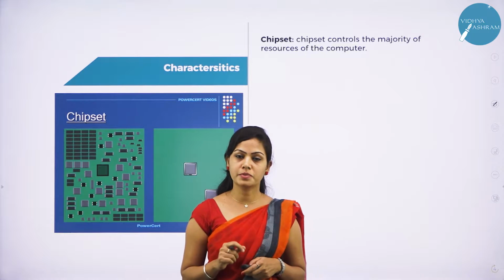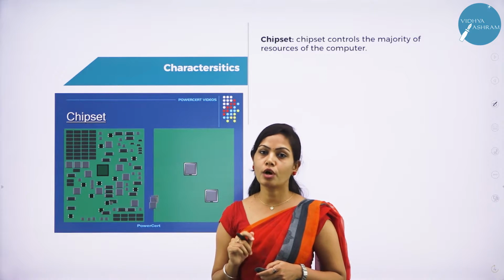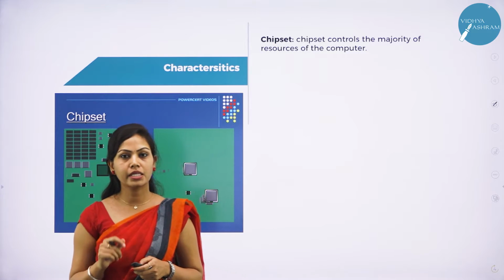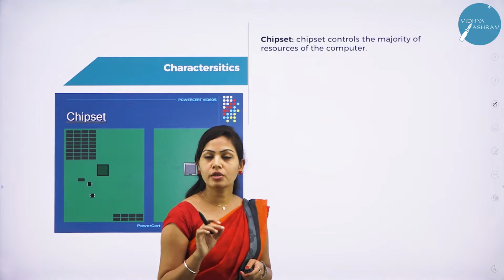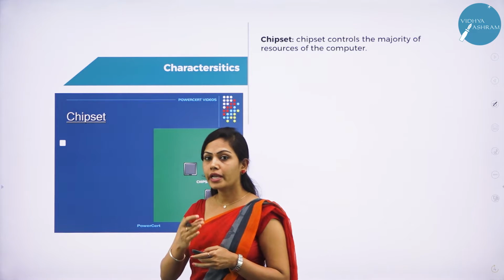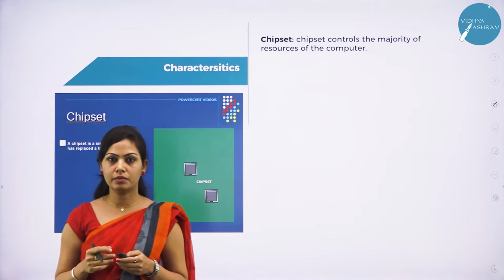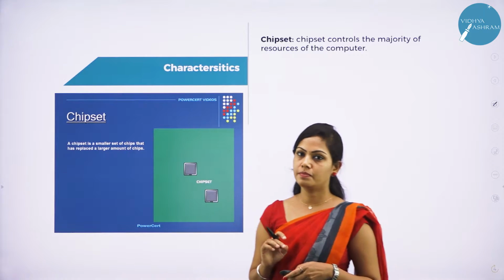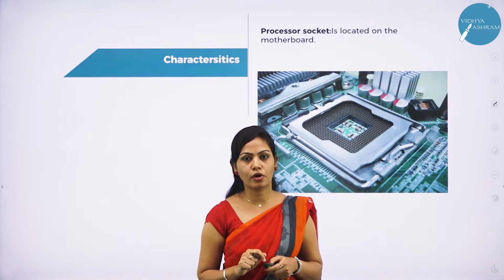Next we have chipset. Chipset is a collection of microchips such as CPU, RAM, basic input-output system. The function of chipset is to coordinate data transfer between various components of the computer. So, chipset is a collection of microchips. Next we have processor socket.